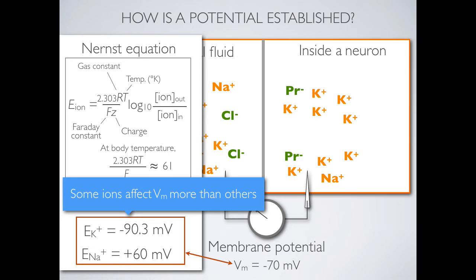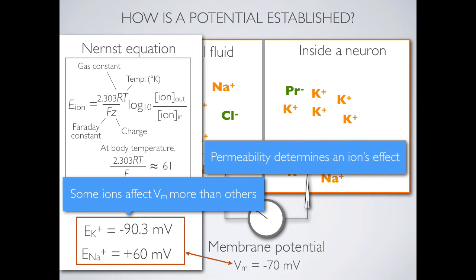And actually, I sort of misled you, because it's not an inherent property of potassium or of sodium, but a property of the membrane. This property is essentially favoring one ion type against the other, and that property is its permeability.